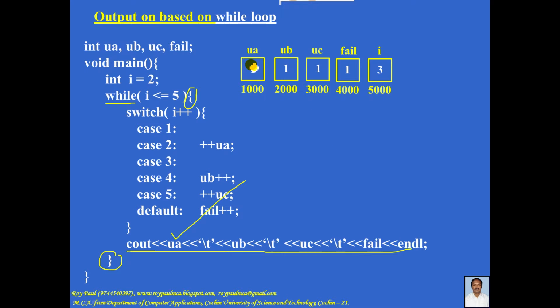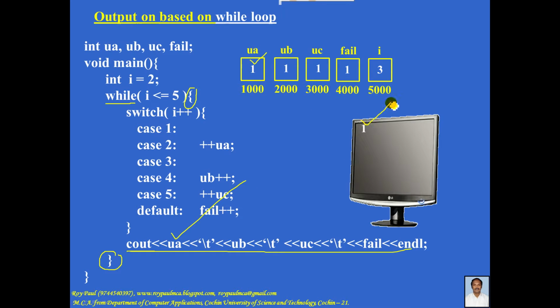Cout output operator UA, so in the monitor you get the answer 1. Backward slash T means 4 space. UB contains 1. Again 4 space, UC contains 1. Again 4 space followed by fail. Variable fail contains 1. And because of this endl, the cursor goes to next line.